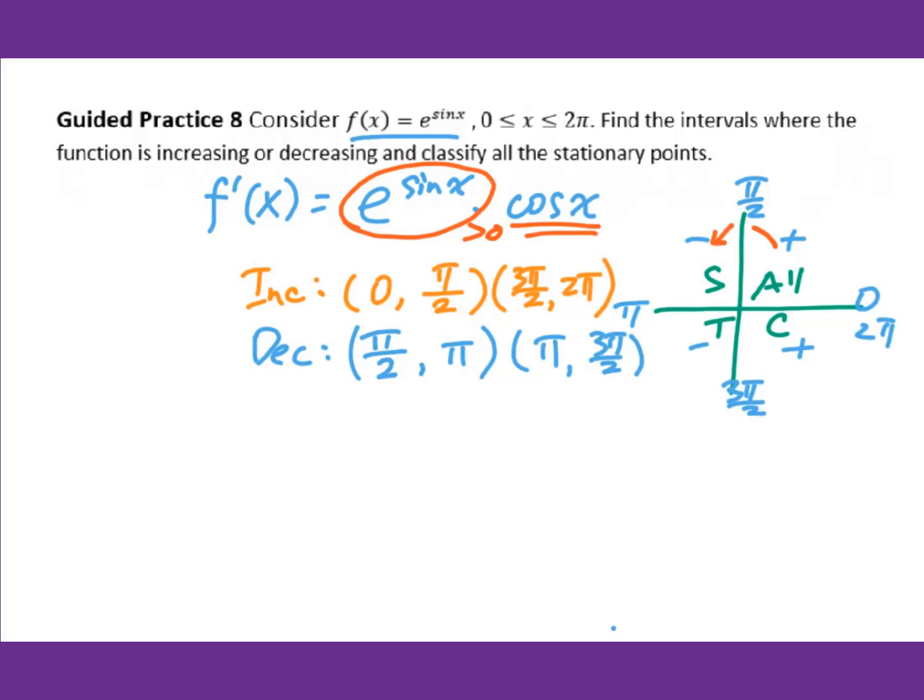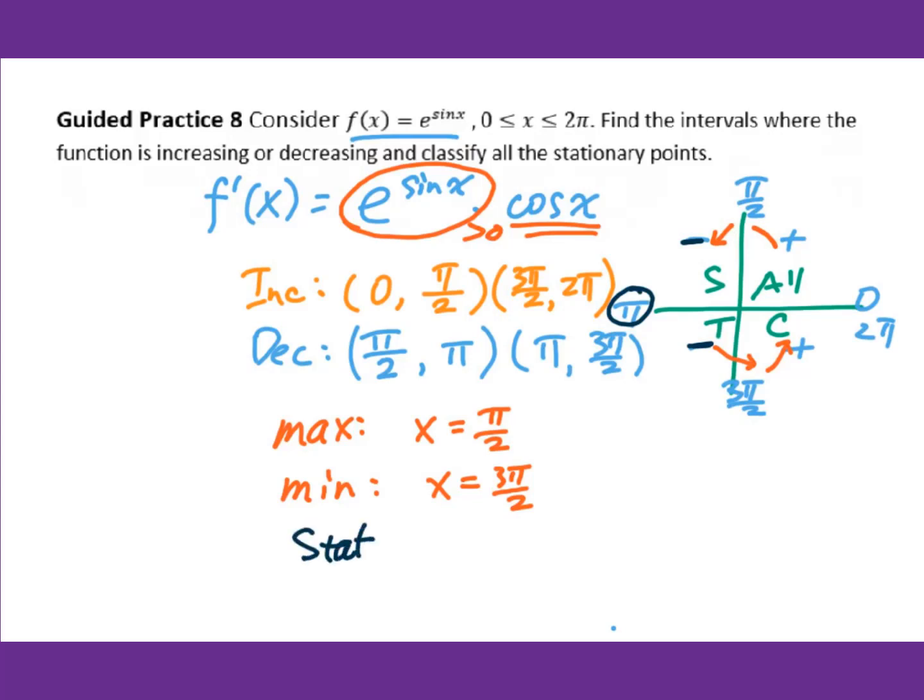That means pi over 2 is the maximum point, at x equals pi over 2. This is going down, then going up, so the minimum point will be x equals 3 pi over 2. For pi, the sign didn't change, which means pi will be a stationary inflection point, x equals pi.